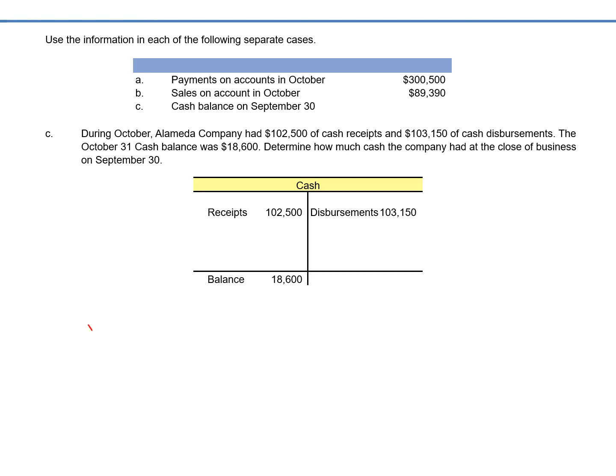And so X equals, or I'm sorry, X plus 102,500. Let me start over here. All right. Okay.